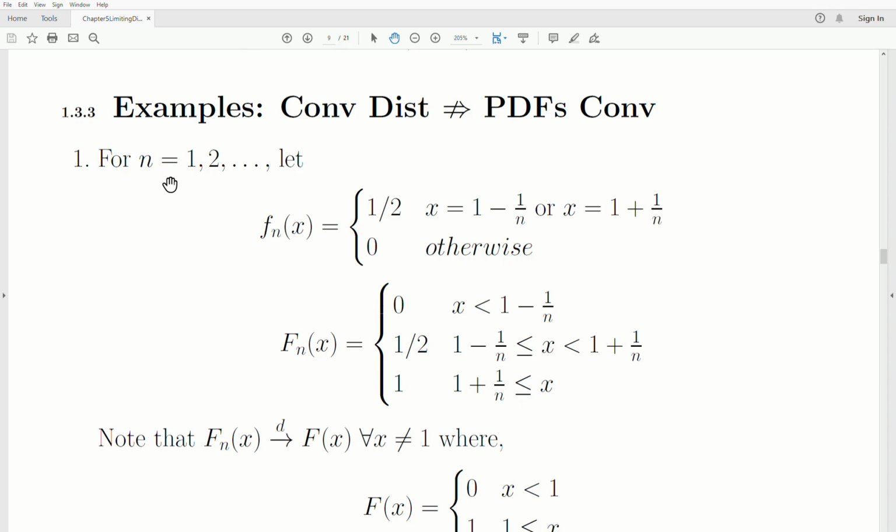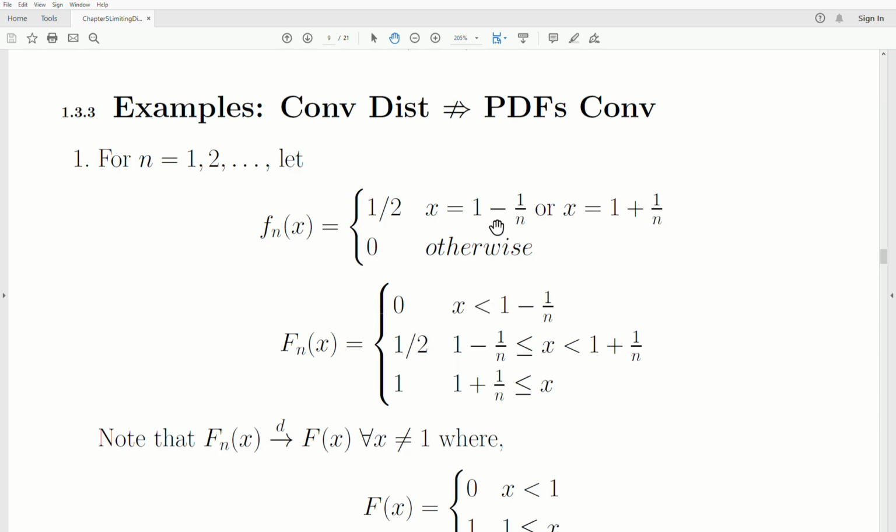So let n go from 1 to infinity and define this PDF, f of n, which has 2 points: one point is 1 minus 1 over n, and the other point is 1 plus 1 over n, and each has a probability of a half. So this is a proper PDF, and the CDF of this would be this.